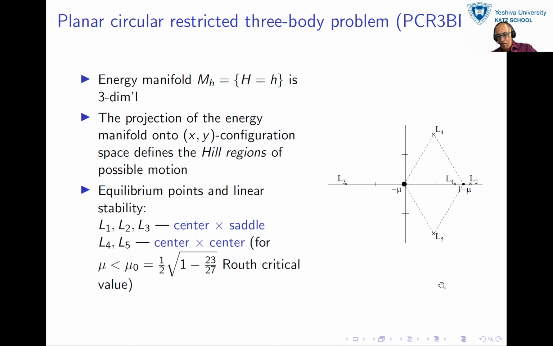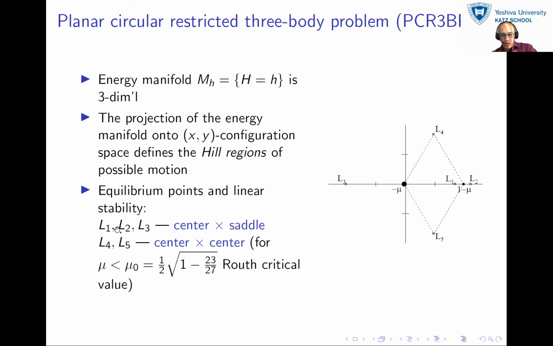It turns out that there are 5 of them for the restricted three-body problem, and they are called L1, L2, L3, L4, L5. 3 of them are on the line with the Earth and the moon, and 2 others are out of this horizontal line, and they form equilateral triangles with the Earth and the moon. They are all very useful because, for instance, if you wish to park a spacecraft in some more fixed position relative to the Earth and the moon, each of them would be a candidate.